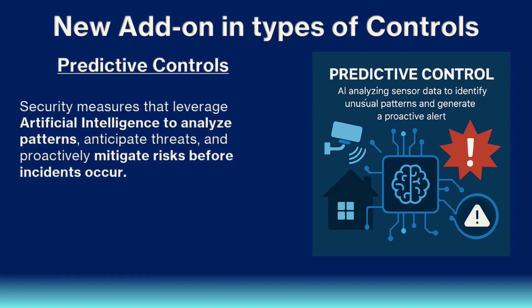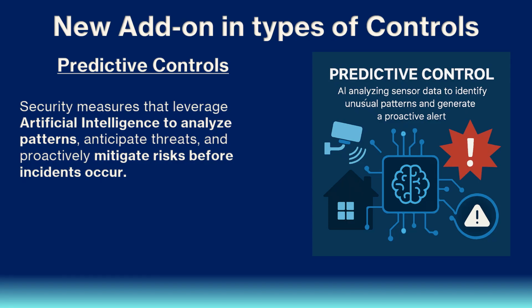Think of it like having a smart home security system that doesn't just sound the alarm when someone breaks in, but notices unusual behavior around your house, like someone circling the property, and warns you in advance. So that is a predictive control.